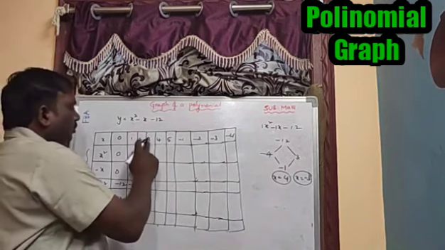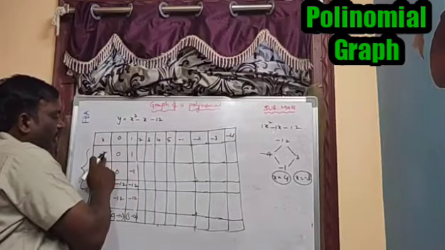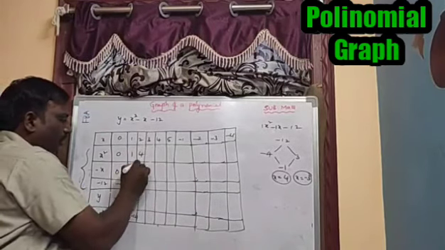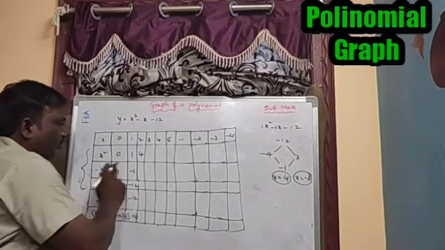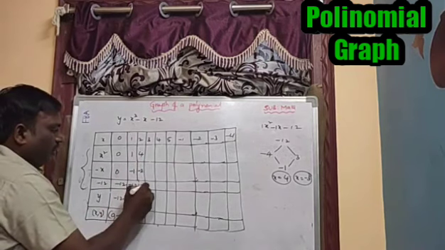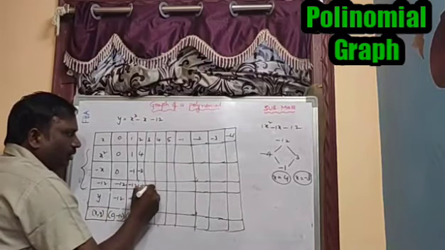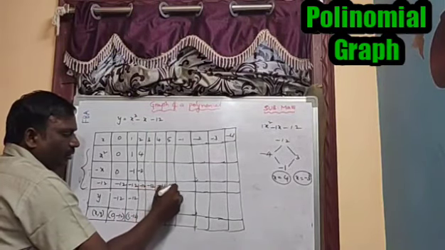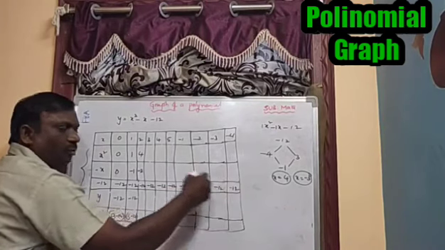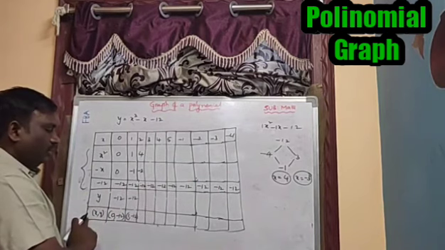Coming to the next point, 2: 2 square is 4. Next -2. Next -12. Do one thing: this is a constant term, so write all the constant values as it is. No need to change that value wherever the columns are there. So -12, -12, -12.